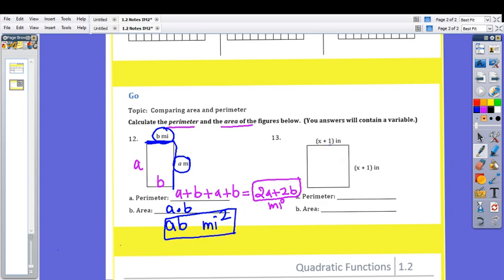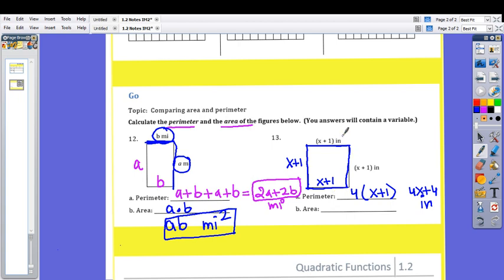When you calculate perimeter for this one, you will again be adding this one to this one, and this will be the same as x plus 1, so you'll add and then you will add again, so x plus 1. If you think about it, there are 4 of them, so you will be doing 4 times x plus 1, which will give you 4x plus 4 inches because it's perimeter.